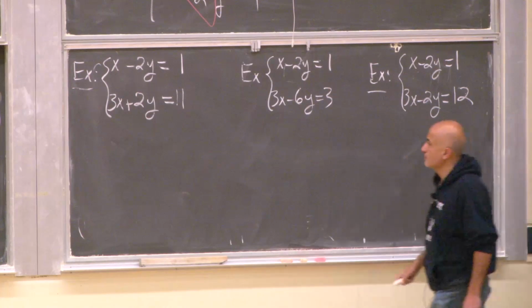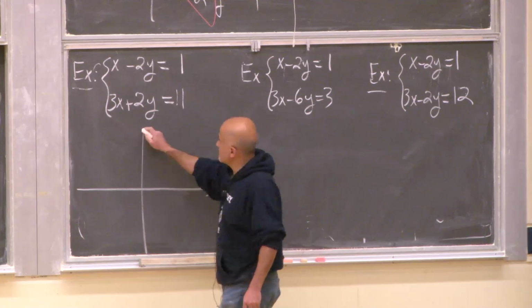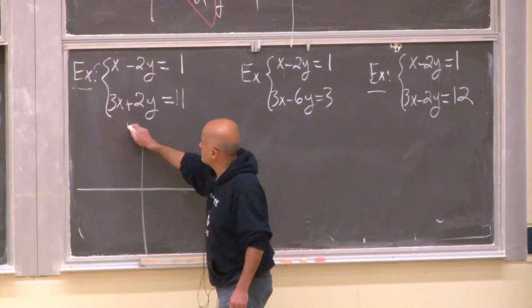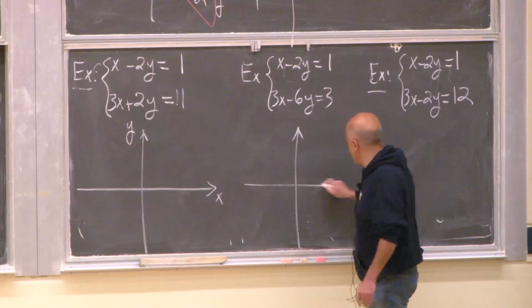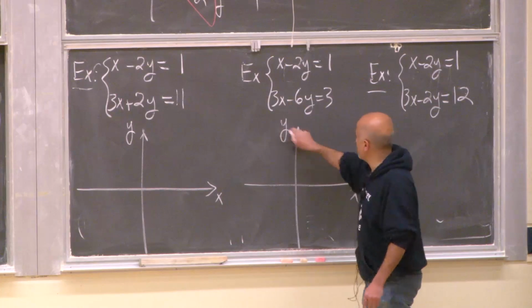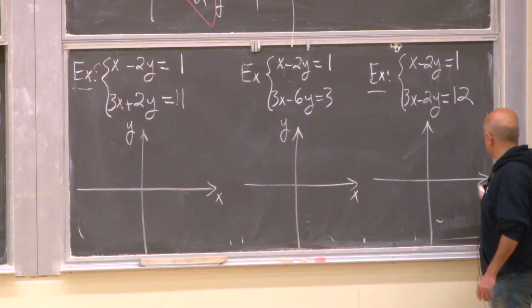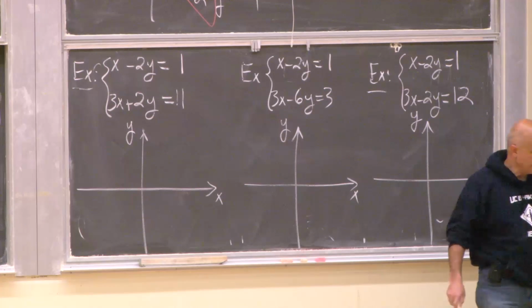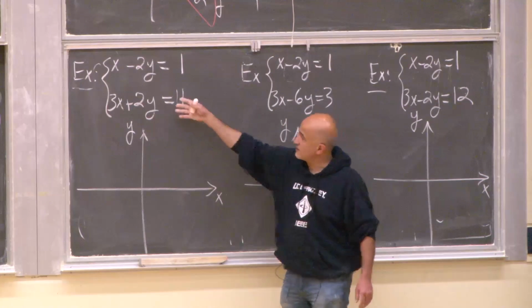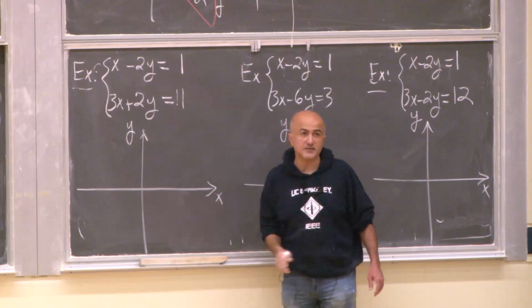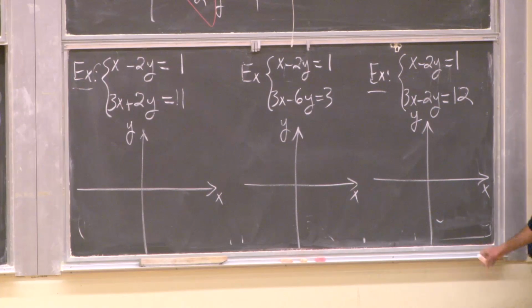Now, what do I mean by the geometric view? Well, each of these equations is the equation of a line in two-dimensional space. Could you please plot those lines for me in the xy plane for each of these cases? So plot the equation x minus 2y equals 1 and 3x plus 2y equals 11 on this diagram, and do the same thing for the others, and tell me what you observe.